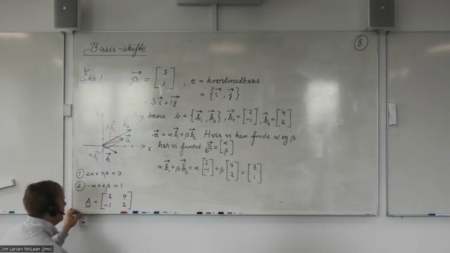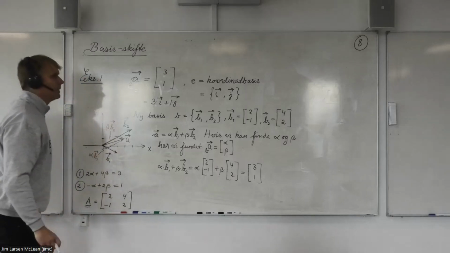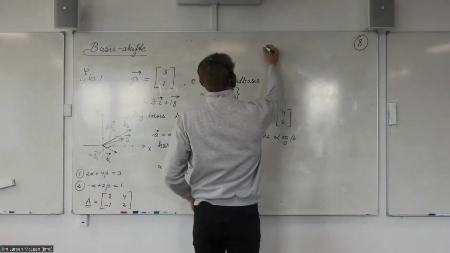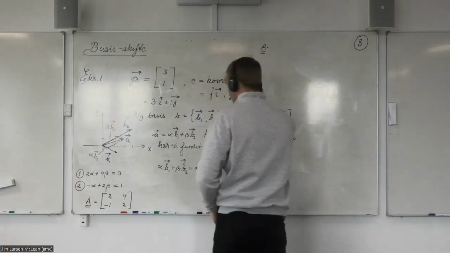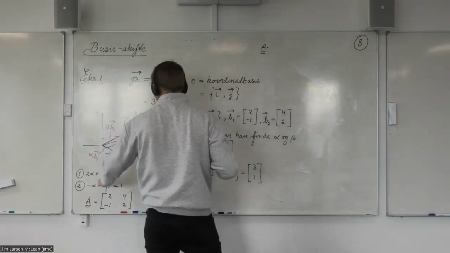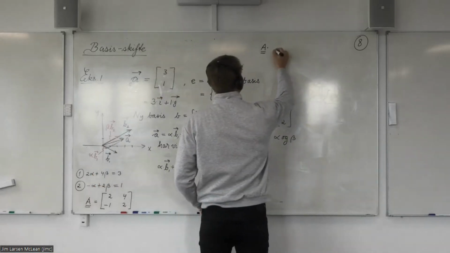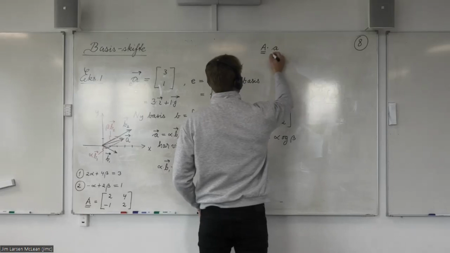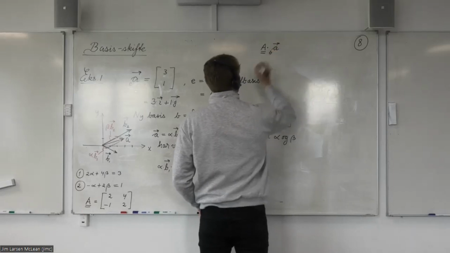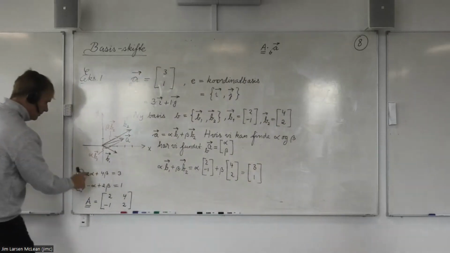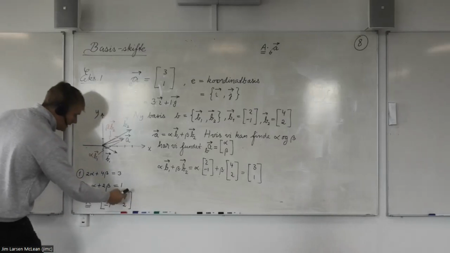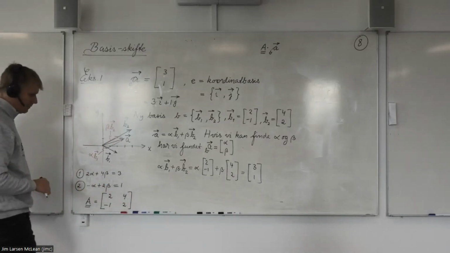That means I can write those two equations with two unknowns all at once as a matrix multiplication, because it can be written like this: matrix A multiplied by the vector that contains the coordinates alpha over beta. And what kind of vector is that? It is vector A, but expressed in B coordinates. Do you understand what I mean? See these two equations with two variables? I can take this matrix and multiply it with the vector alpha over beta.